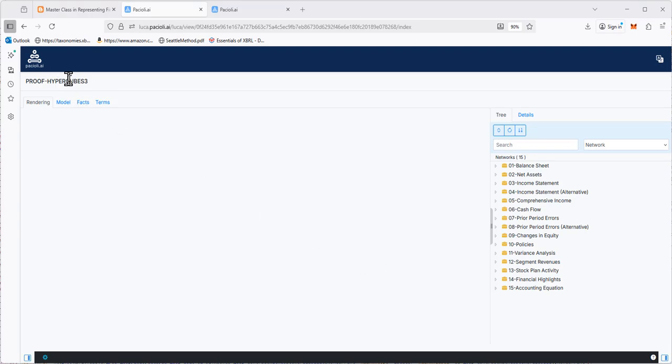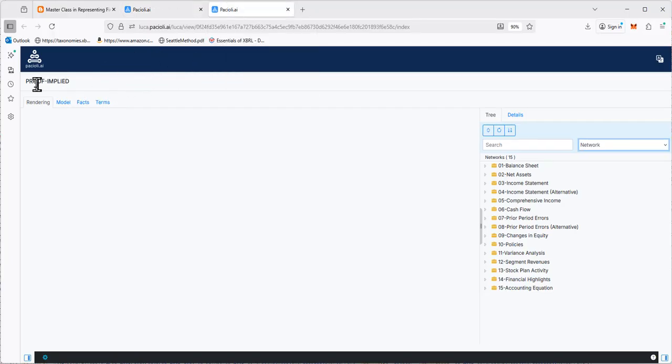In the last video, I looked at hypercubes 3 and contrasted that with hypercubes 2. Now I'm going to take hypercubes 3 and contrast it with implied hypercubes, basically.